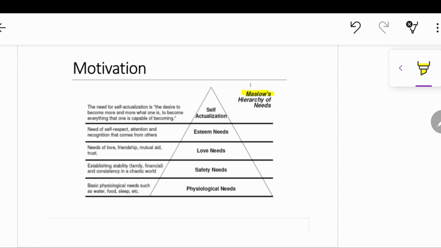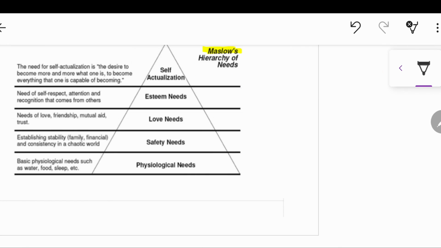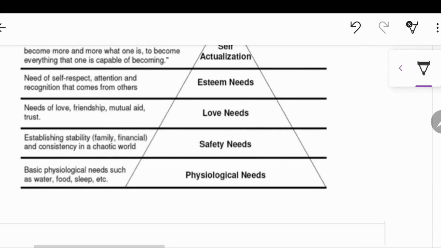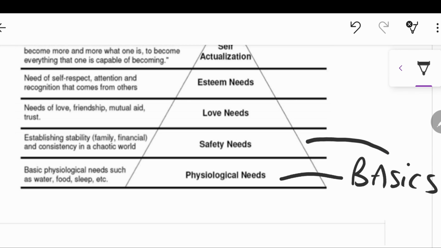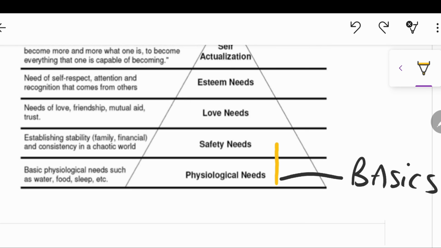All right. So if you're someone who is in need of physiological needs, water, food, basic necessities, the basics, the manager can lure you, motivate you to raise you up a level, giving you safety needs, security, family security, financial security.